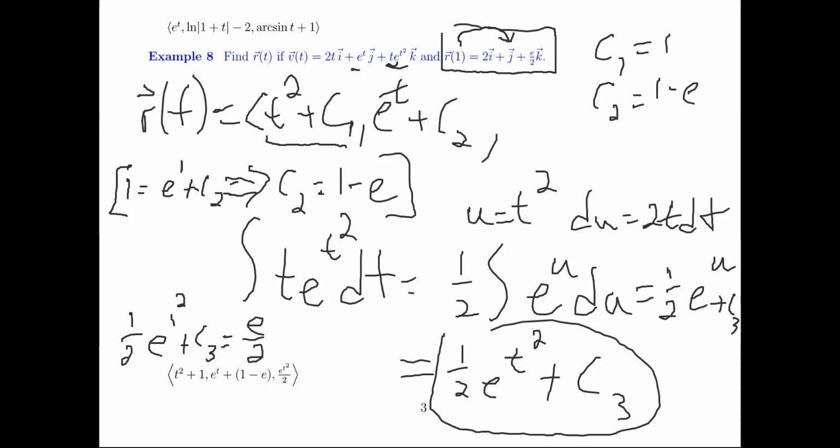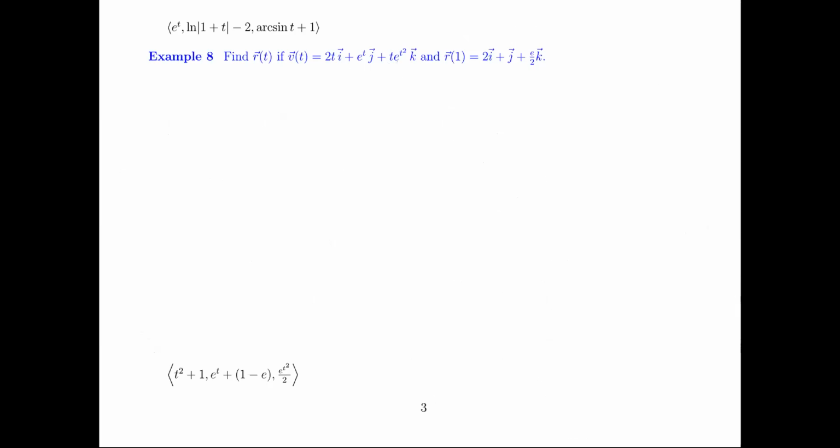Well, that implies that C3 is 0. Okay. We put all of that together. And our first coordinate was t squared plus 1. Our second coordinate was e to the t plus 1 minus e. And our third coordinate was just e to the t squared over 2. Because again, we don't add anything here since our C3 ended up being 0. And that is it for this video.